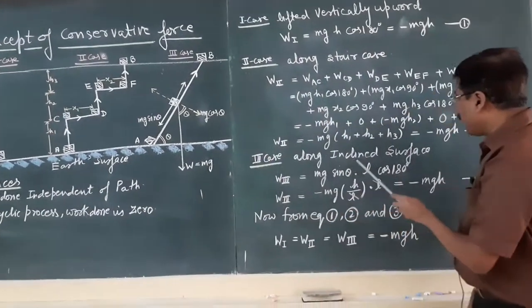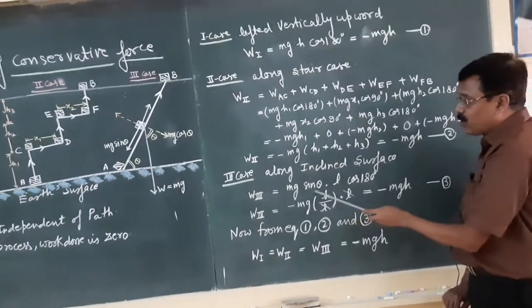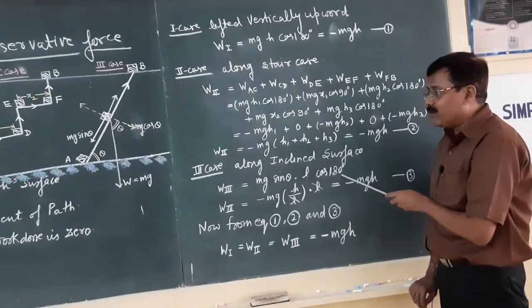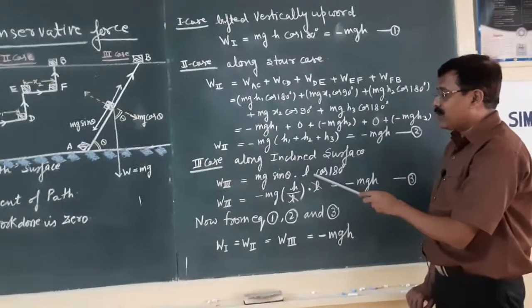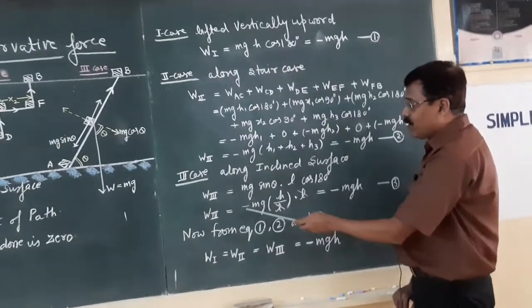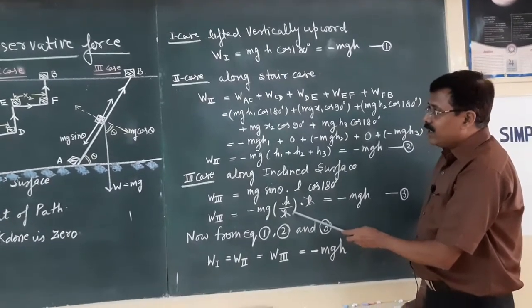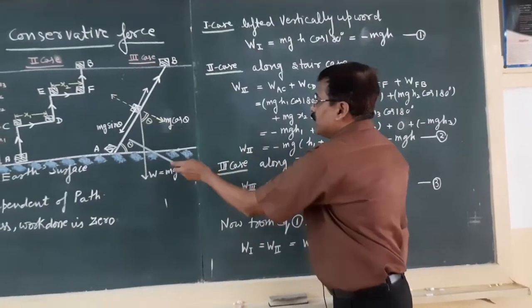What will be the work done on the inclined surface? It will be mg sin theta, this is the amount of force, L is the displacement, cos 180 degree, because mg sin theta is acting opposite to the displacement L. And cos 180 is minus 1, so minus mg L sin theta. From the diagram you will find h by L, the perpendicular upon hypotenuse, this angle is theta.